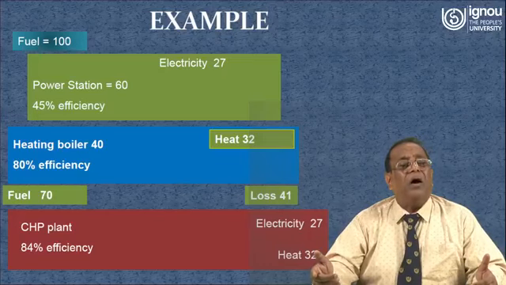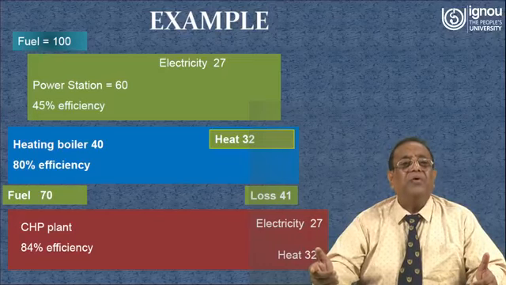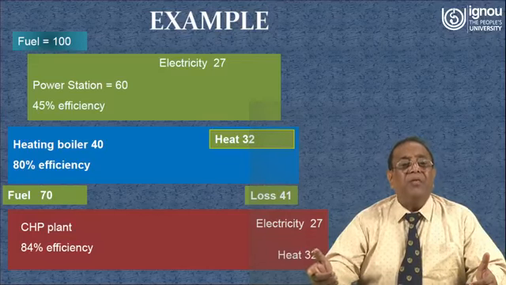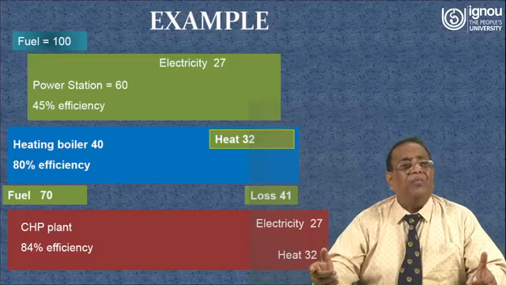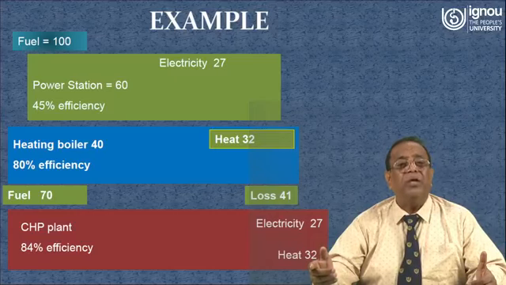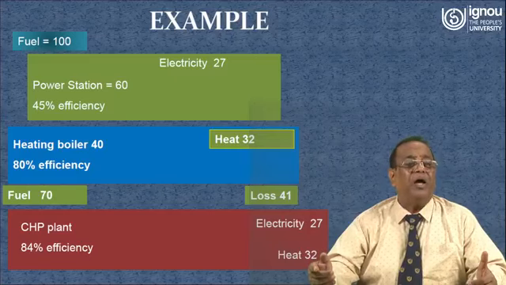Now, out of 100 units we have already used 60 units of energy for producing electricity, and the remaining 40 units we are using for heating purposes in the boiler. If the boiler efficiency is 80%, then 40 into 0.8 means 32 units we get as thermal energy out of the 40 units of available input energy.